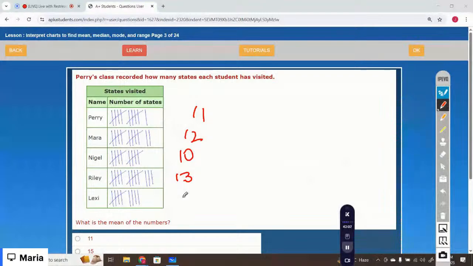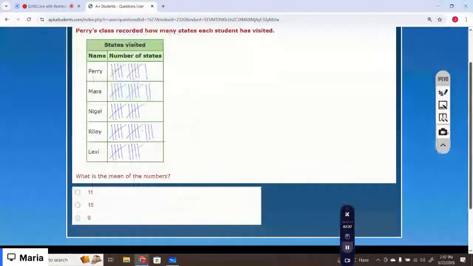Now we need to add them because we need to calculate the mean. So your sum is 11 plus 12 plus 1 plus 13 plus 9. Their sum is 55. That divided by 5 equals 11. So the correct option is 11.